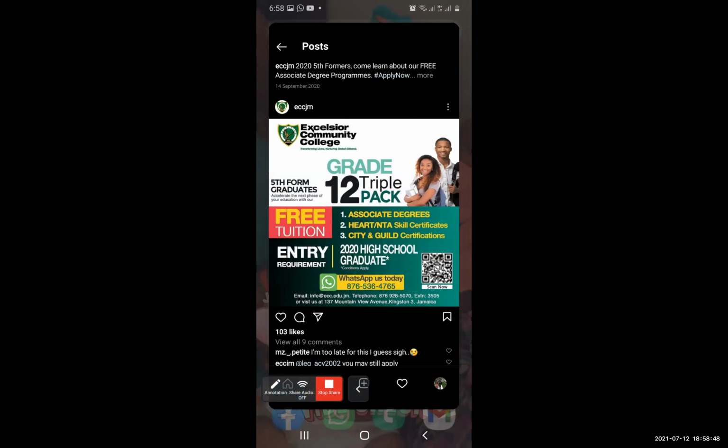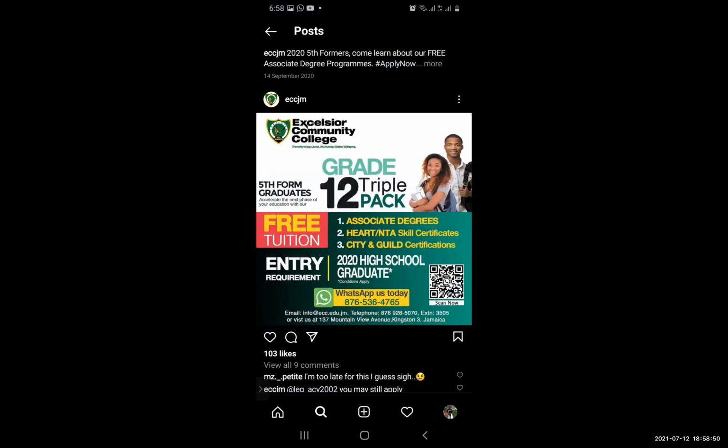Okay. So on the ad, you see they use these two young male and female persons, which indicate that if you are from Generation Z and a graduate from a fifth form institution, then you have the chance to further your education. Go on again, sir.